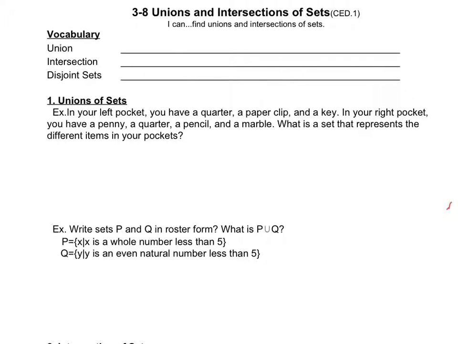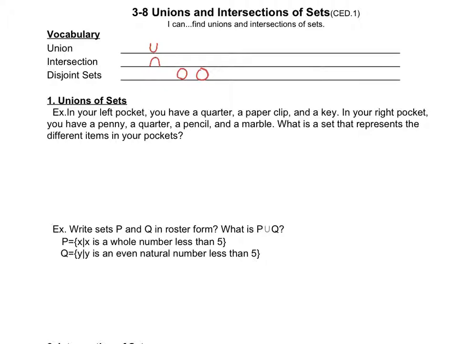And a disjointed set is when you have two sets and there is no overlapping. They have no elements in common.